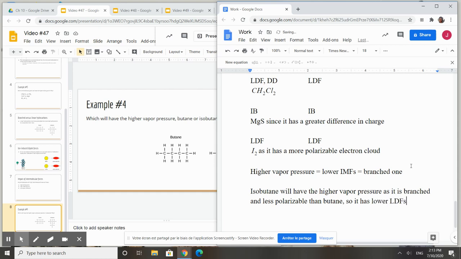I just wrote it out sort of fancy here, but isobutane will have the higher vapor pressure because, as it is branched and less polarizable than butane, it also has lower LDFs.